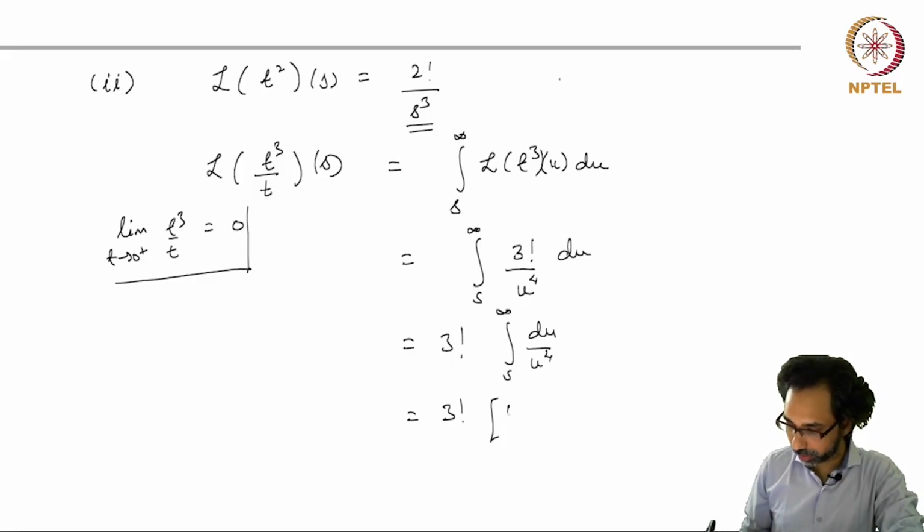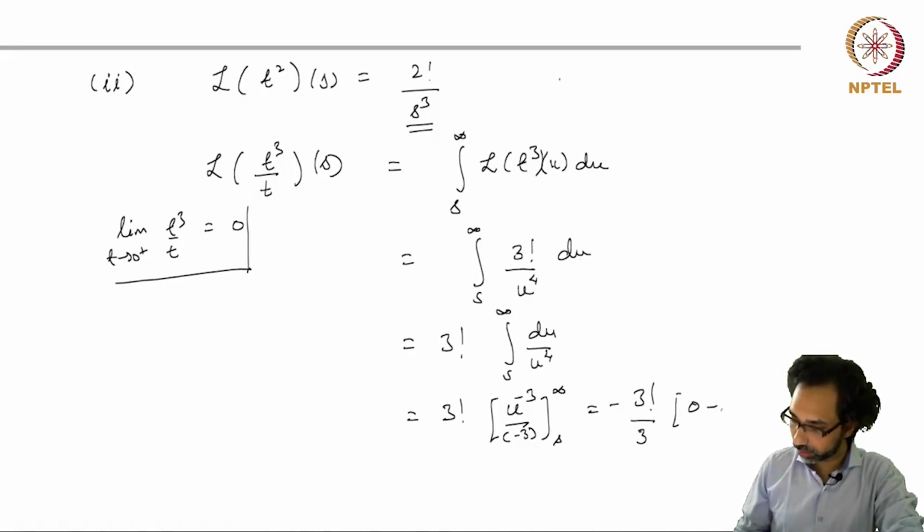You get u to the power minus 3 over minus 3, integrating from s to infinity. So you get minus 3 factorial over 3, and then at infinity you get a 0 term, and at s you get s to the power minus 3, and so the 3 cancels out, so you're left with 2 factorial here. So you will get 2 factorial over s cubed, because this minus and this minus also cancel out.